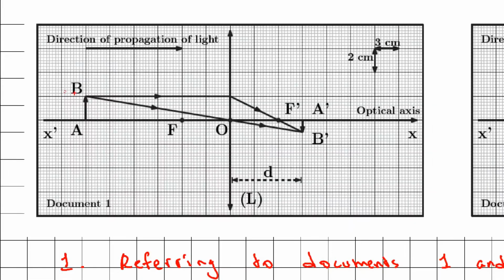So here in document 1, the direction of propagation of light is from left to right, x prime x axis the optical axis. We have the converging lens L perpendicular to the optical axis at the optical center O.